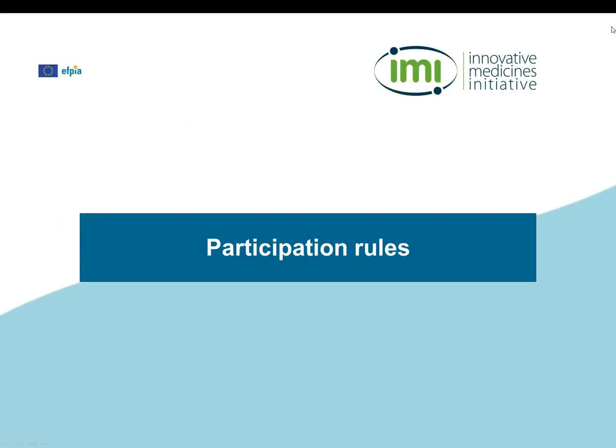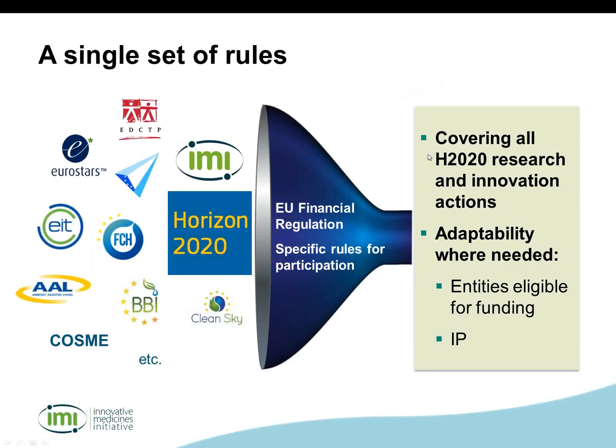For those who are familiar with IMI initiative in general, they may know that IMI was established under the 7th framework program, and at that time we were a separate and independent legal framework. Therefore, we had at the time our own rules for participation, rules for submission, etc. However, when establishing the H2020 framework program, the legislator decided that all initiatives which will be funded under the framework program should abide by the same set of rules.